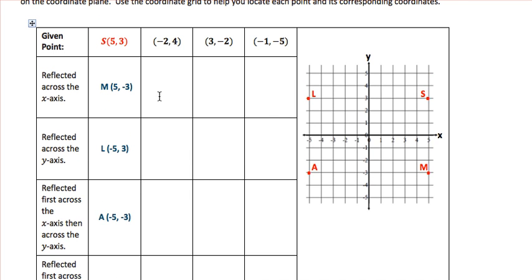And we'll do the same thing for the second point. Negative 2, 4. Which we don't really have to graph in order to be able to do this. If we're reflecting across the x-axis, those coordinates would be negative 2, negative 4.